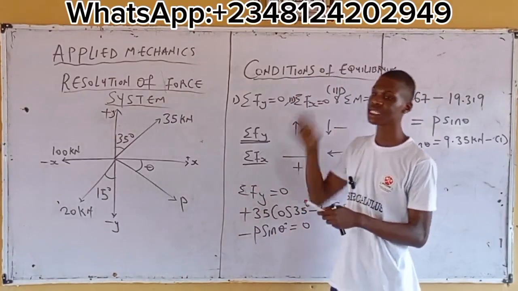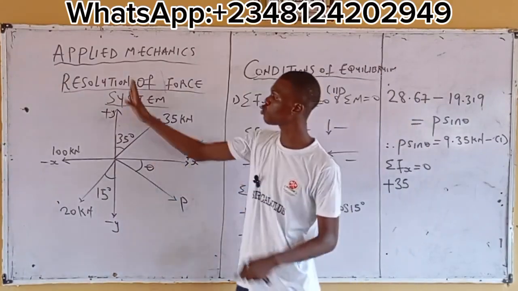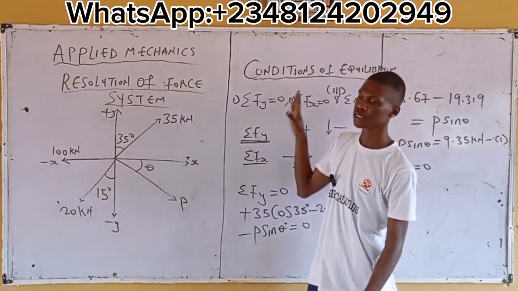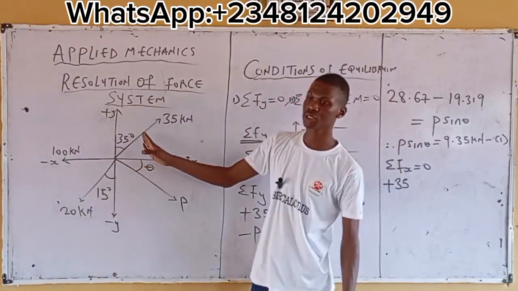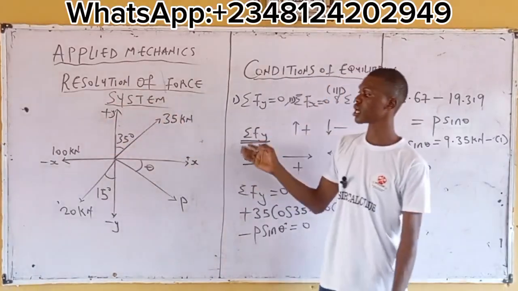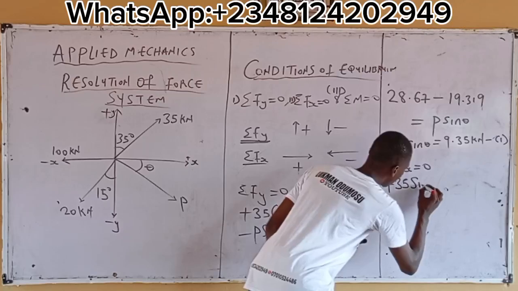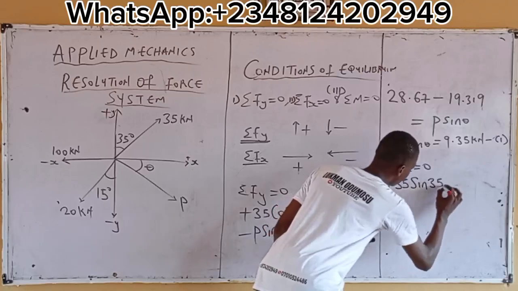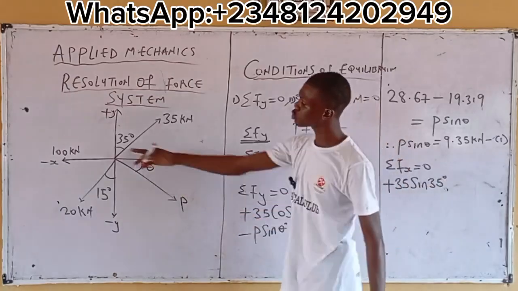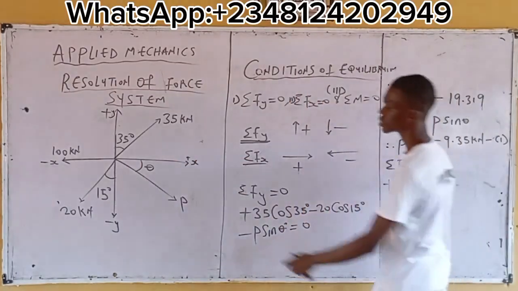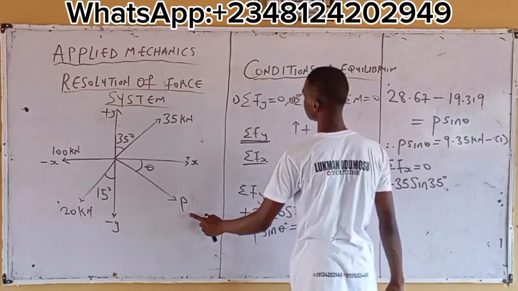The idea is that wherever your angle is inclined to, take cos, while the other side takes sine. In this case, our angle is inclined to the vertical, meaning horizontal takes sine. So you are saying 35 sine 35 degrees. Then which force should we consider next? P, right? Applying the same idea to P, it becomes what?